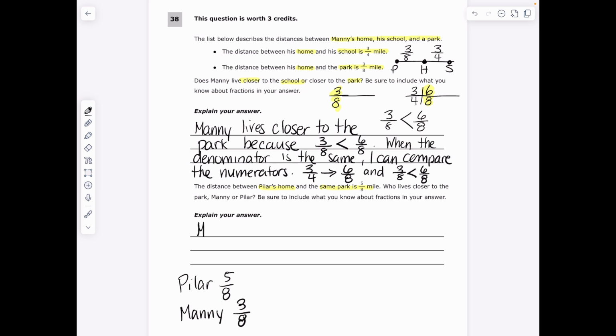Manny again, because 3/8 is still smaller than 5/8. So Manny is closer because 3/8 is less than 5/8.